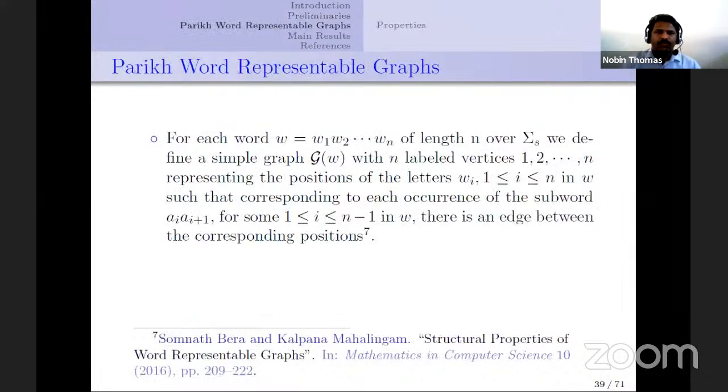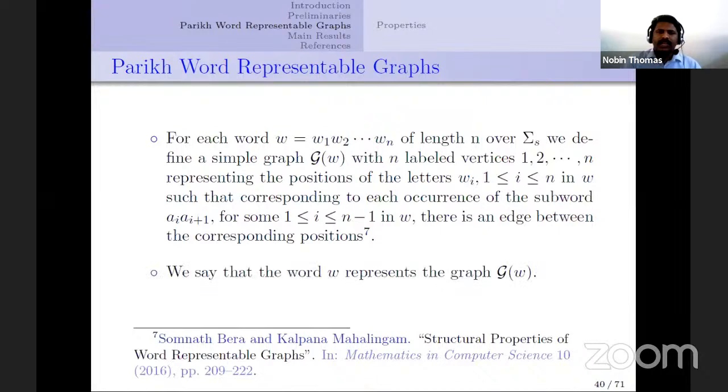Now, the definition of Parikh word representable graph. For each word w equal to w1, w2, etc. wn of length n over sigma x, we define a simple graph G of w with n labeled vertices 1, 2, 3, etc. n representing the positions of the letters wi in w, such that corresponding to each occurrence of the subword ai, ai plus 1 in w, there is an edge between the corresponding positions.